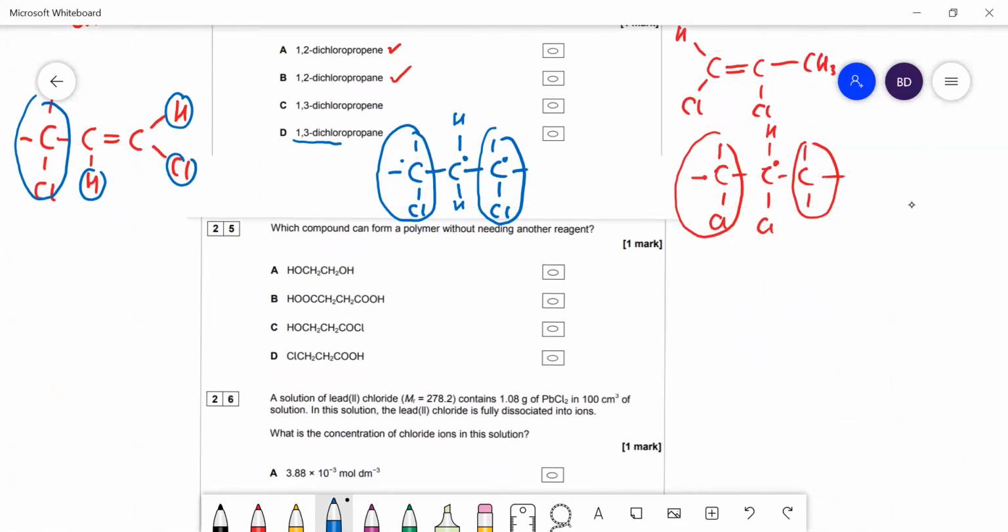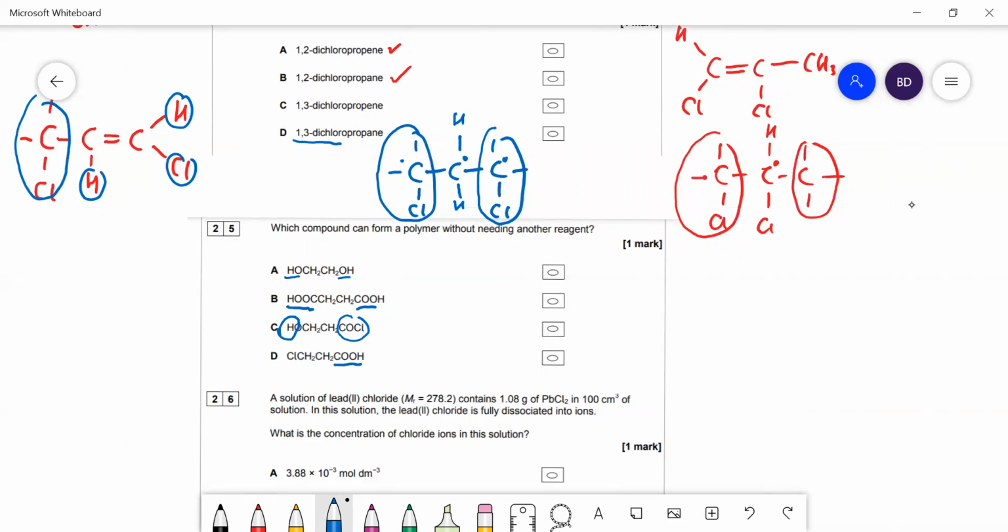What compound can form a polymer without needing another reagent? Okay, so this one can't, because an alcohol can't react with another alcohol. You need a carboxylic acid to form a polyester or something. This one's got 2 carboxylic acids, one on each end. Same problem there. They don't react with each other. They react with alcohols. This one can, because you've got an acyl chloride and an OH. So those molecules can go head to tail and form esters.